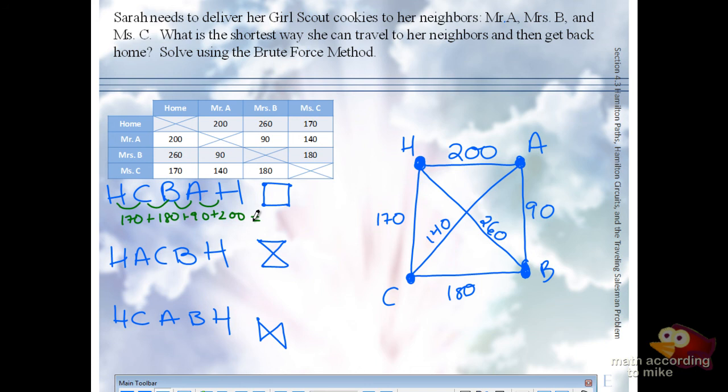I got 640, but I might be wrong. That's 350, 550, 640. Everyone else get that? Or is only one person trying? One person is trying. Very good.